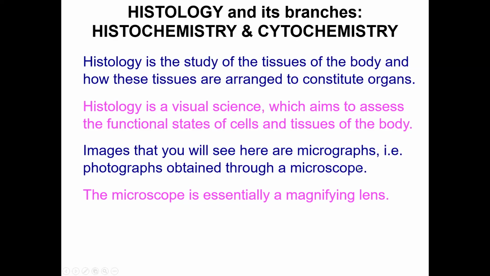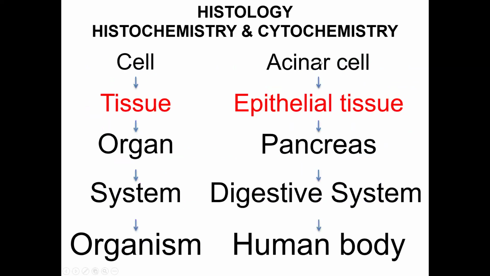In the past, those photographs used to be real photographs taken on a photographic film. However, these days, all these photographs are digital micrographs that we can watch on the screen. So the microscope is essentially a magnifying lens.